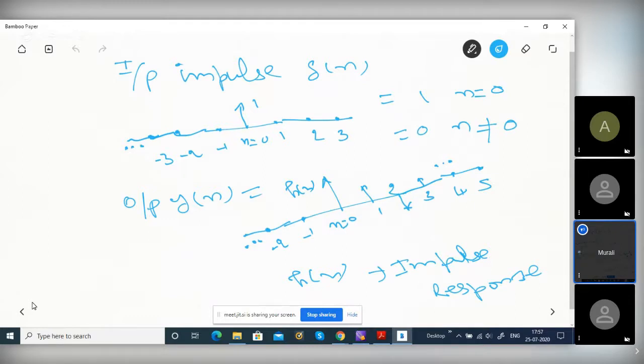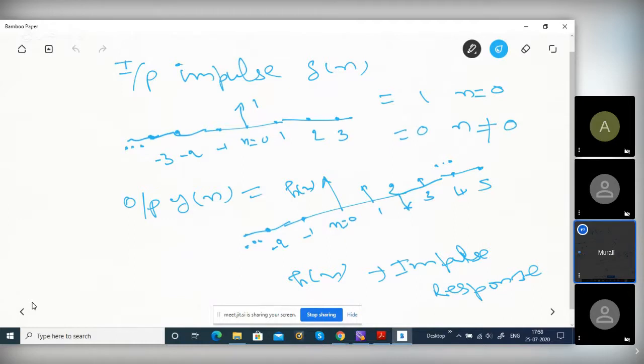For example, here in h of n, at n equal to 0 there is an impulse, and at n equal to 1, 2, and 3 there are delayed impulses. There are 4 impulses. For one input impulse, you get 4 impulses. H of n is the response of the system to an impulse input.